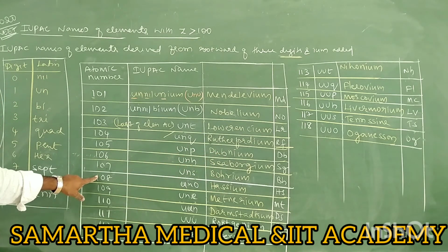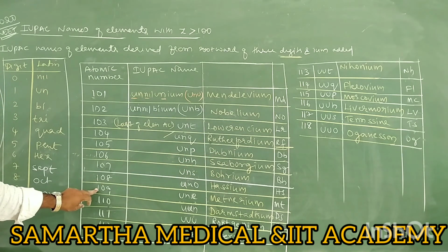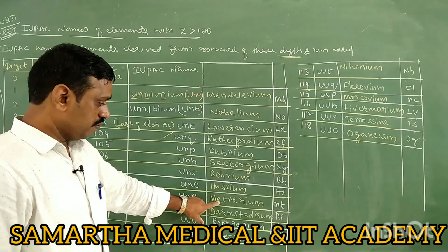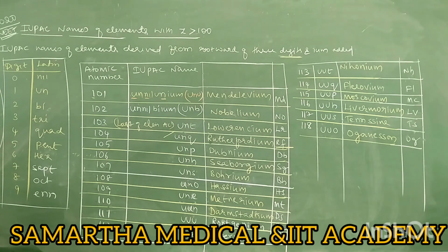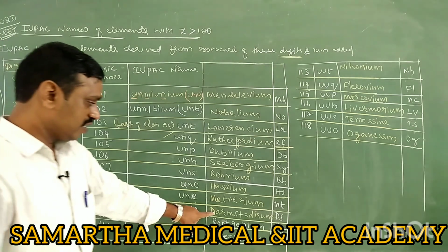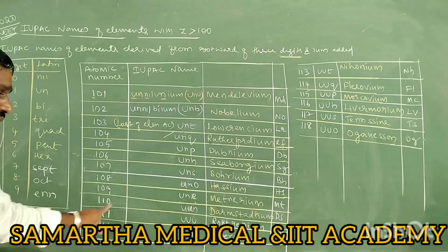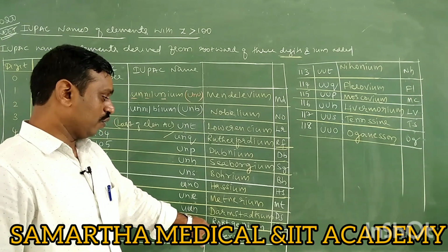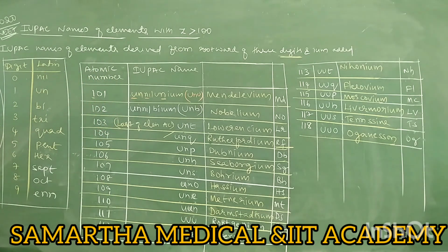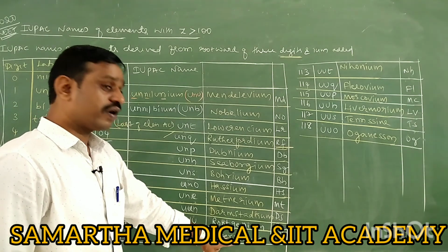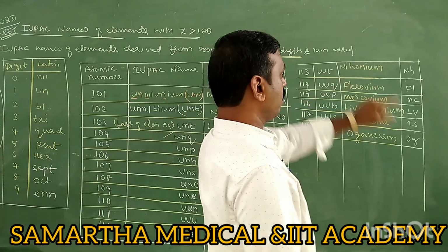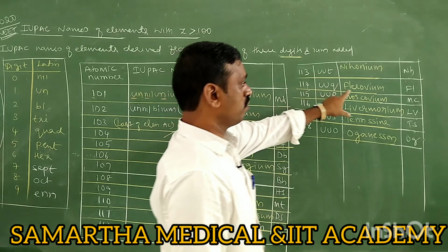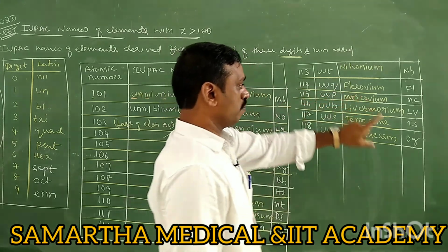Next 108, Hassium. 109, Meitnerium. 110, Darmstadtium. 111, Roentgenium. 112, Copernicium. 113, Nihonium. 114, Flerovium. 115, Moscovium.